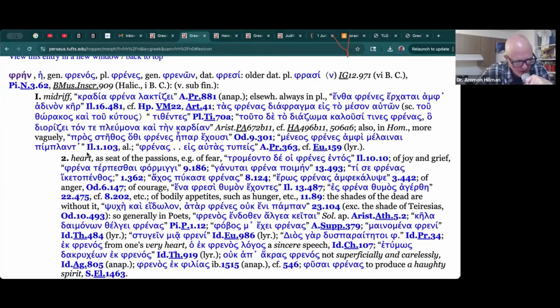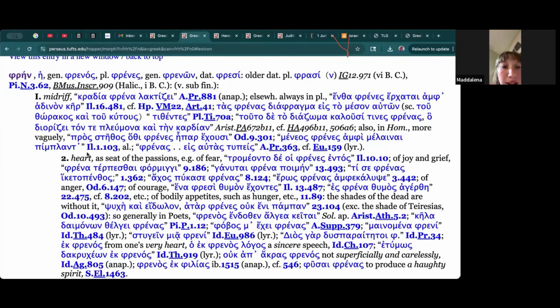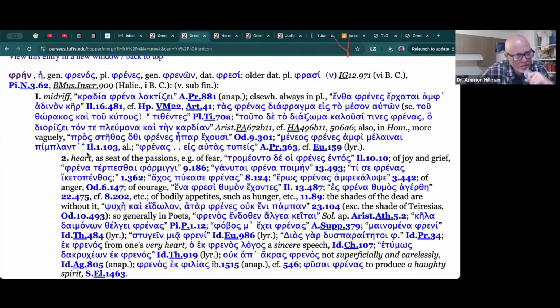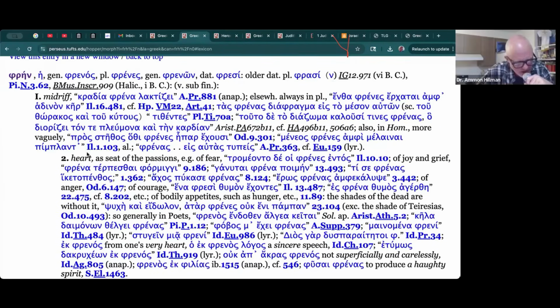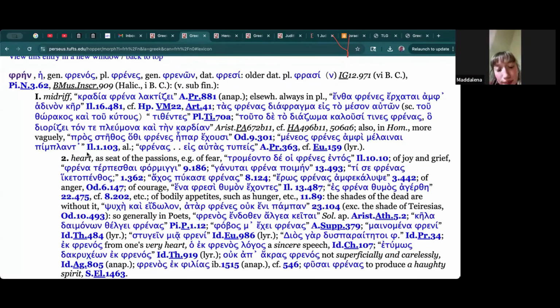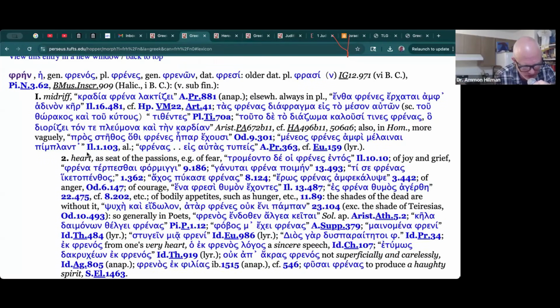Aphron, without Aphrodite, maybe. No, that's a good guess, but in this case, this is a different root. Midriff. It's your area of passion. It's the place where your bodily appetites are, like hunger. That's what your phren is. It's where your hunger is.